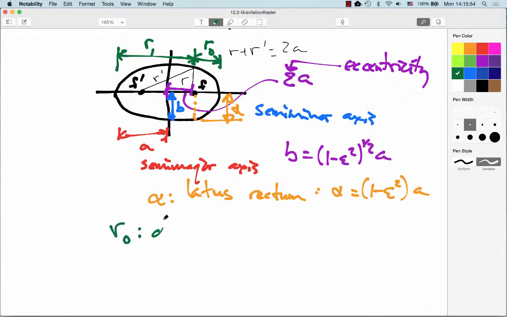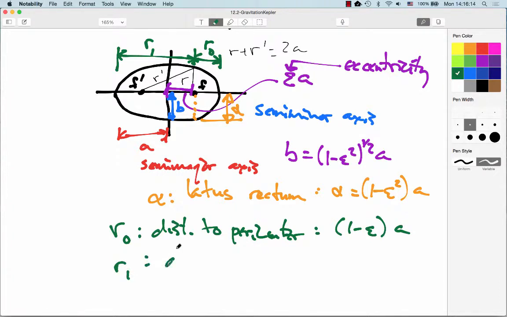R0 is the distance to the pericenter of the ellipse. That is equal to (1 minus epsilon) times A. And R1 is the distance to the apocenter of the ellipse. That's (1 plus epsilon) times A.